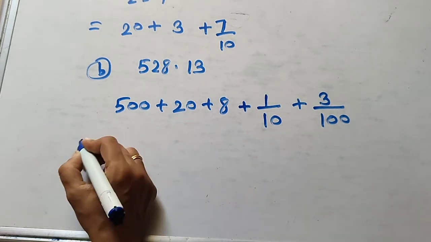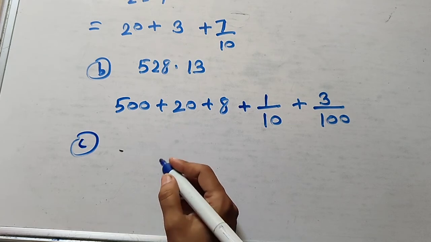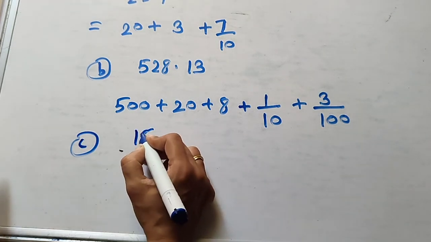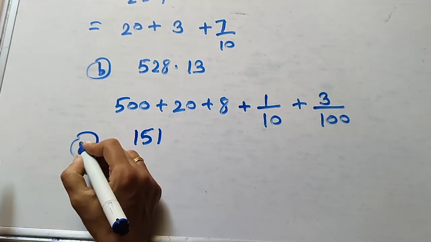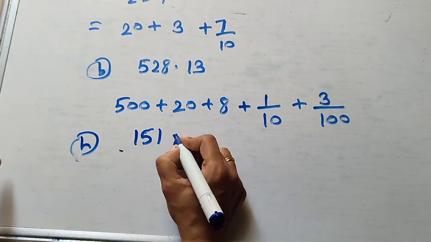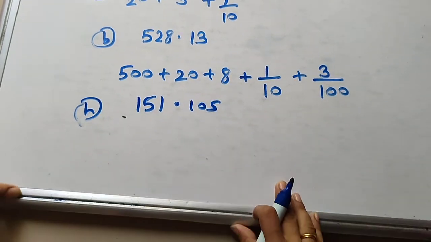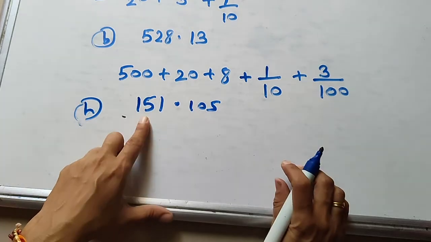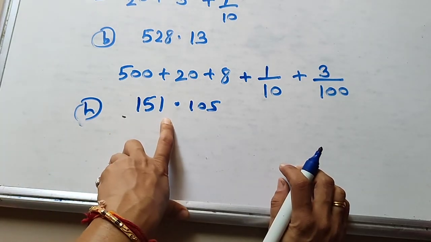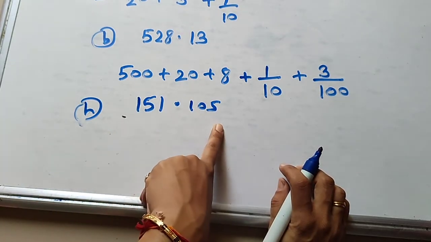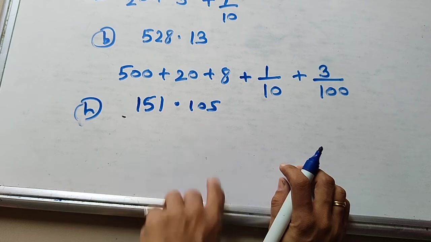Okay, so see here, see number. Suppose your number is 151.105. This is last number H. 151.105. How to write the number in expanded form? How to read the number 151.105? In this way we read the number.